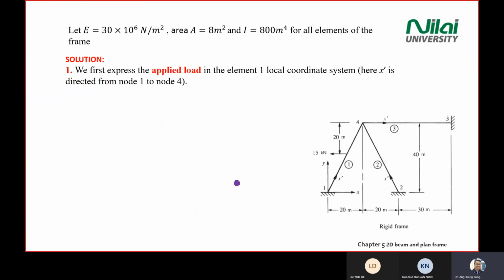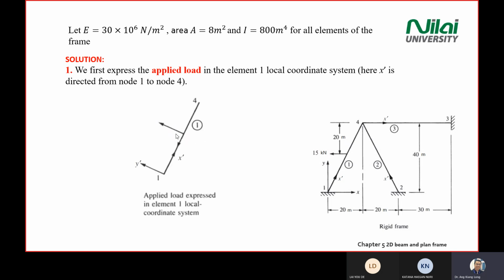So we transform these forces from one orientation to another orientation. One is the application situation. Then we change it into element dimension. We break this vector, the 15 kilonewton vector, into 2 element vectors.